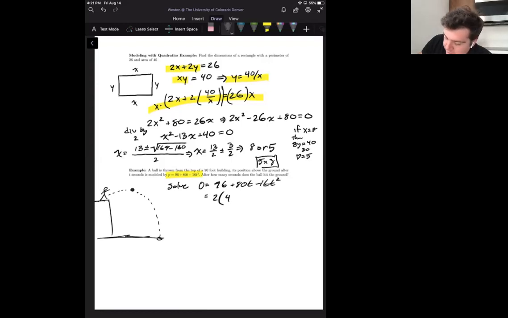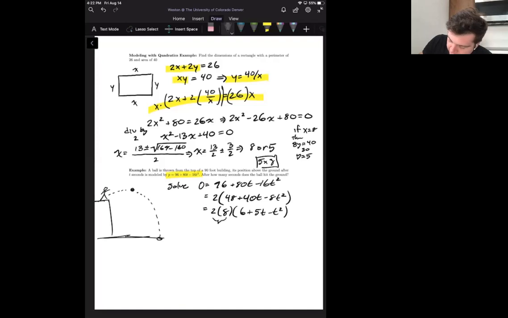So that gives us 48 plus 40t minus 8t squared. And now maybe we recognize that each of these coefficients are divisible by 8. So we can have 2 times 8 times 6 plus 5t minus t squared.